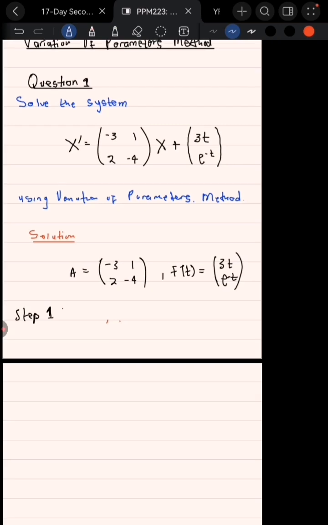Step 1. We determine the solution to the associated homogeneous system.